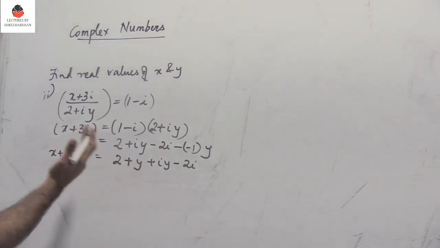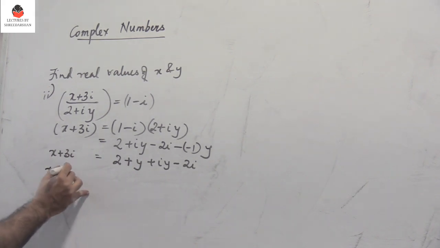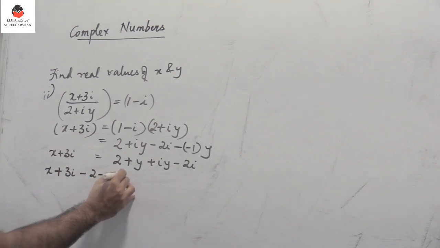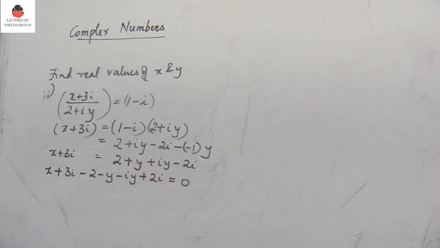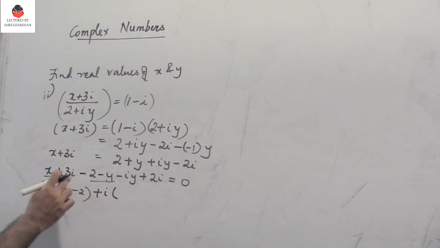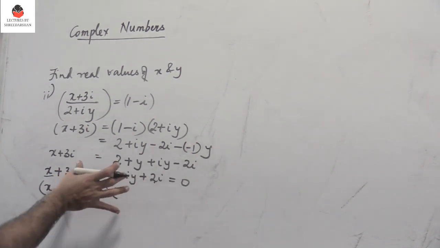Let me bring all the terms to LHS. x + 3i - 2 - y - iy + 2i equals 0. So what are the terms without i? You have x - y - 2, plus i, you get 3i + 2i, which is 5i, right?